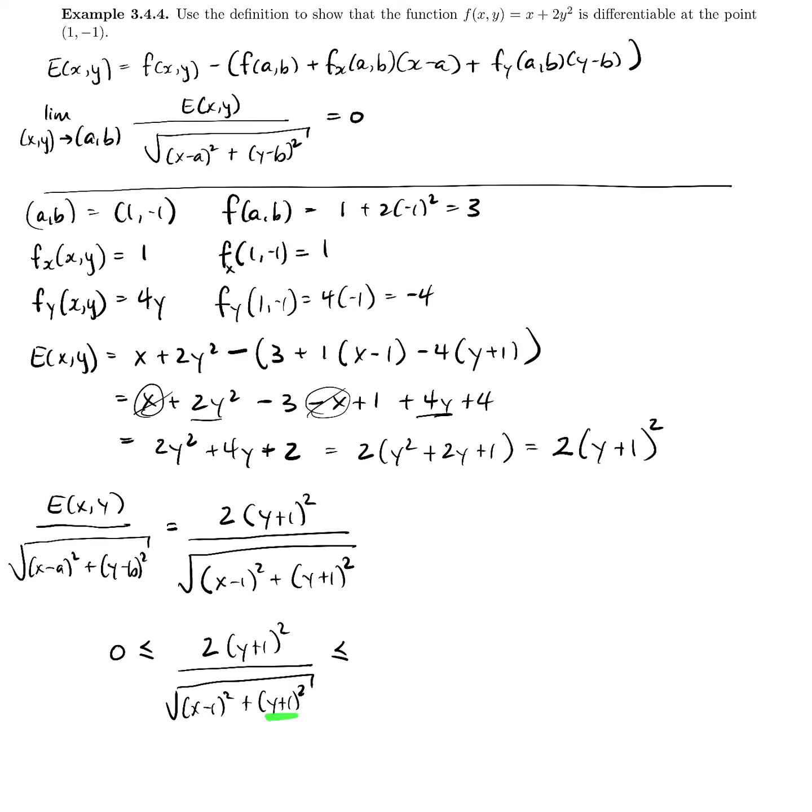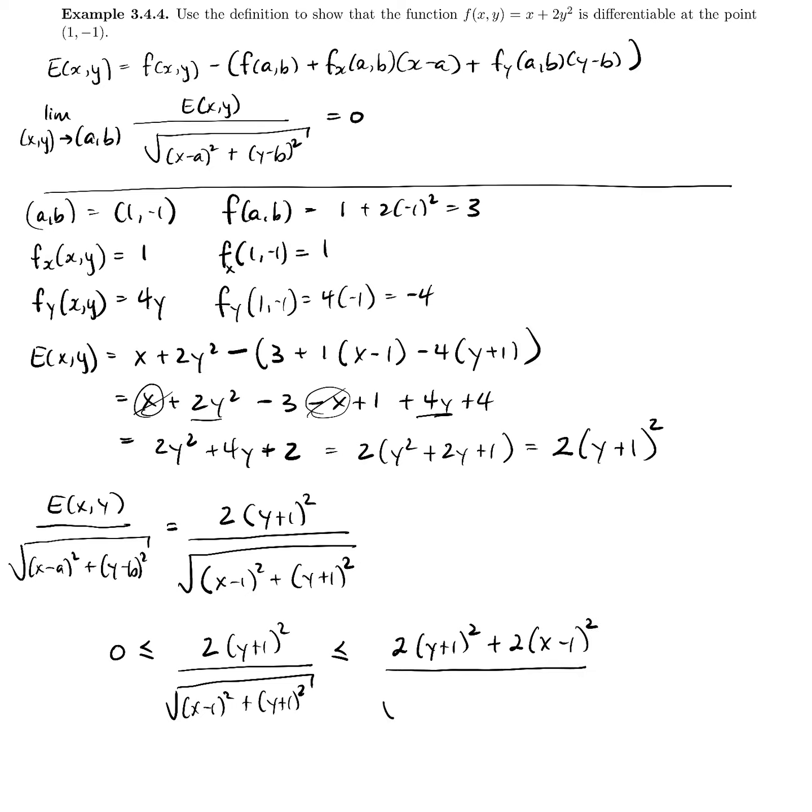We have a (y plus 1) squared in both the numerator and the denominator. I'm going to add in a missing (x minus 1) squared up top. So 2 times (y plus 1) squared plus, and I'm going to add in 2 times (x minus 1) squared.